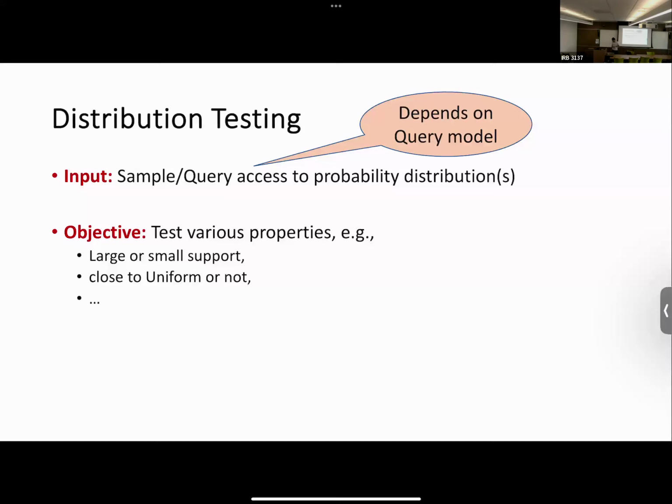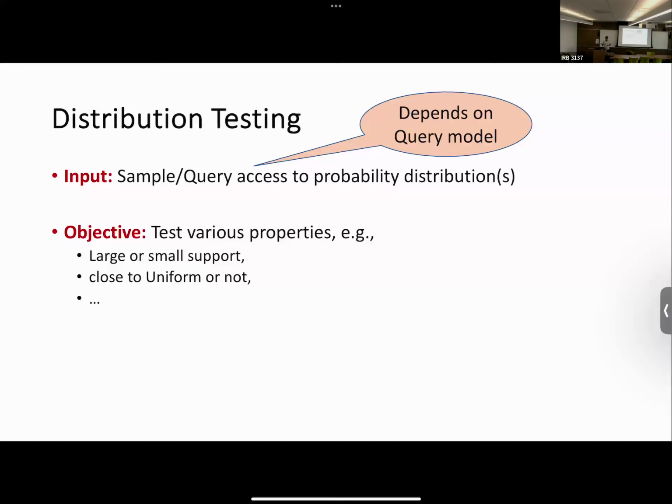You can also think of it as an estimation problem. Suppose I want to estimate the support size, that is, how many non-zero probability elements there are in the distribution. As a property, you can ask whether the support is large or small. Another thing we can test is whether the distribution is close to uniform or not.